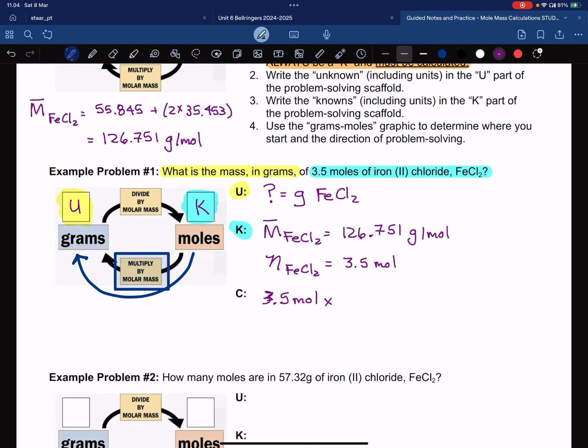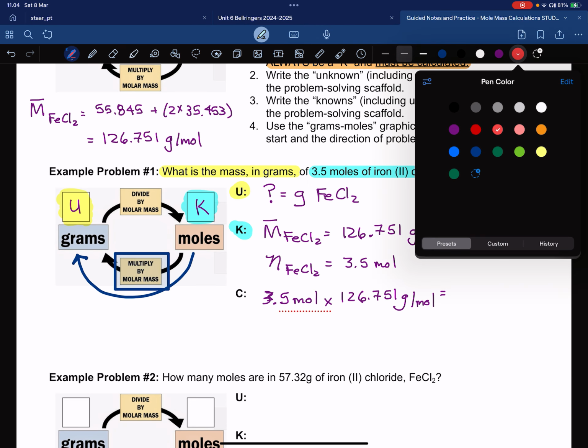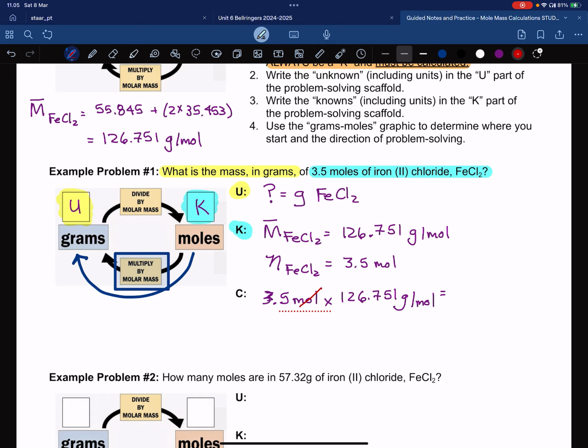Then you multiply by the molar mass, 126.751 grams per mole. Every number has a unit. Then we cancel the things that cancel. Moles is on the top, moles is on the bottom. They cancel, and I'm left with grams. Grams is what I want, so I'm good to go.